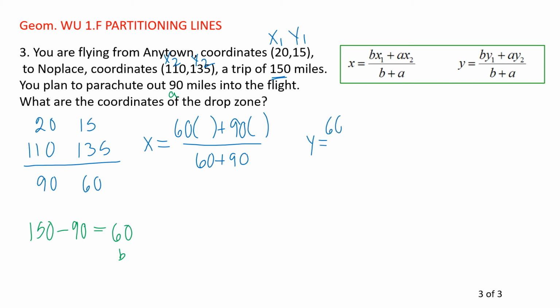It's B times Y sub 1 plus A times Y sub 2 over B plus A. And as usual, I plug in these for my X's and these for my Y's.